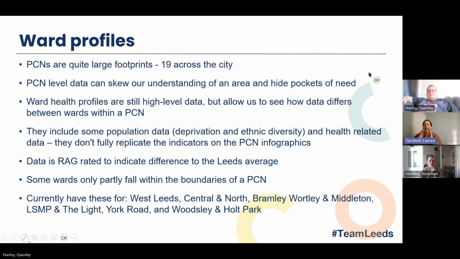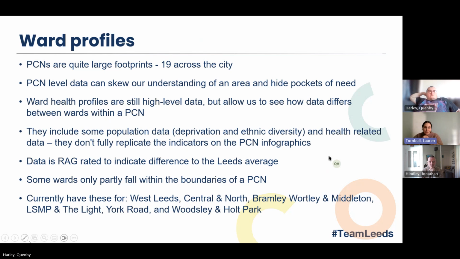So we have 19 PCNs across the city. Some PCNs have more diversity than others, but we focused on the PCNs where we felt there's most diversity between the wards within that PCN. So at the moment, we've got 6 of these ward profiles. We've got them for West Leeds, Central and North, Bramley, Wortley, Middleton, LSMP, which is Leeds Student Medical Practice, the Light, York Road, and Woodsey and Holt Park.